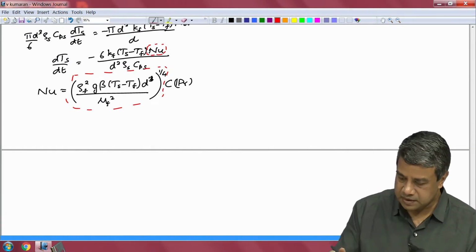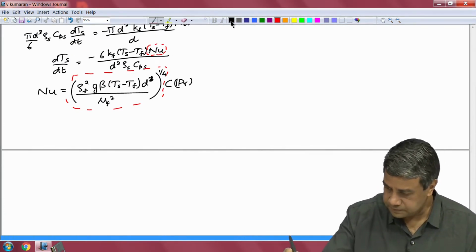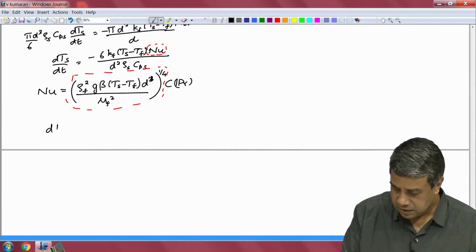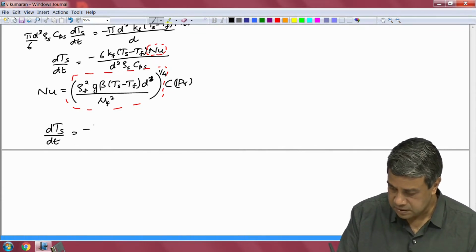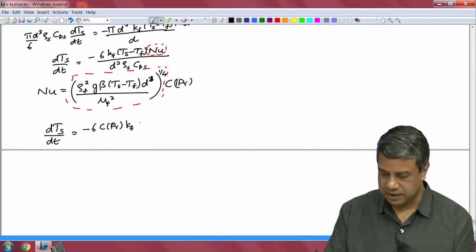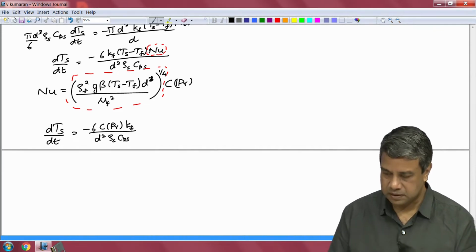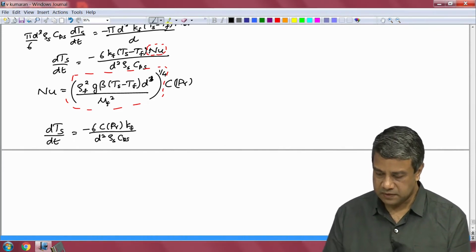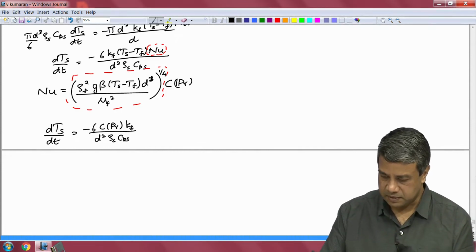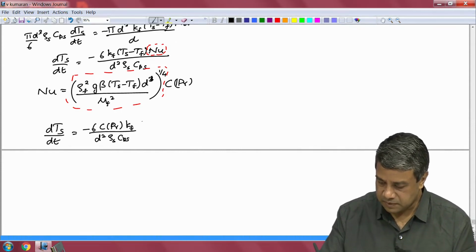So, if I incorporate this into the equation, I will get dTs/dt equal to minus 6 C of Pr Kf divided by d square rho s Cps, into this Grashof number to the 1/4 power.